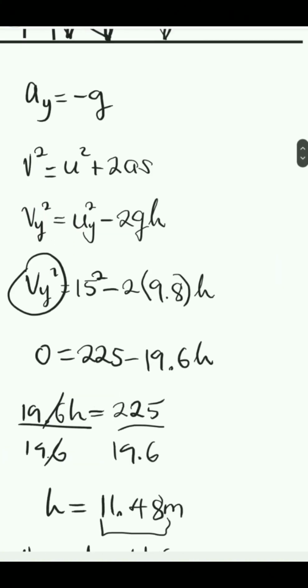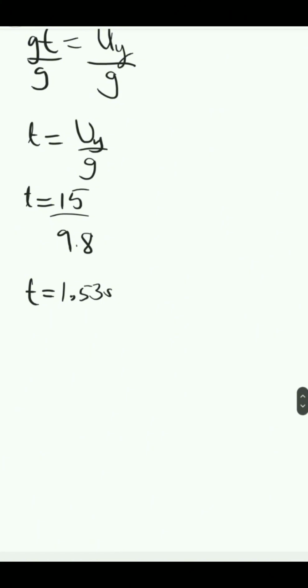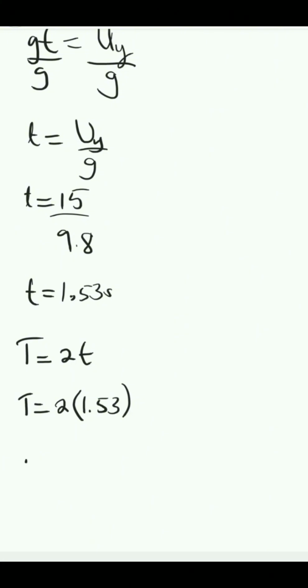So the total time taken will be equal to twice the one that we've just obtained. This will be equal to 2 multiplied by 1.53, giving us our final answer as 3.06. And that's how you solve the problem.